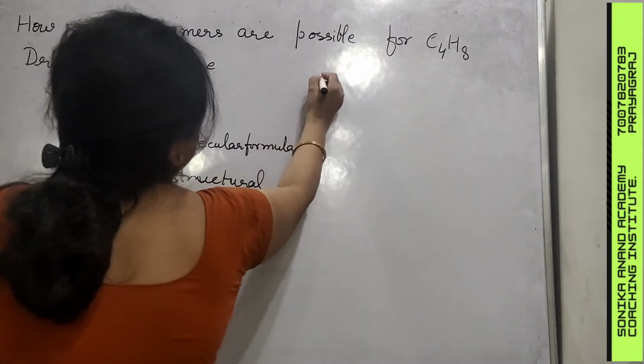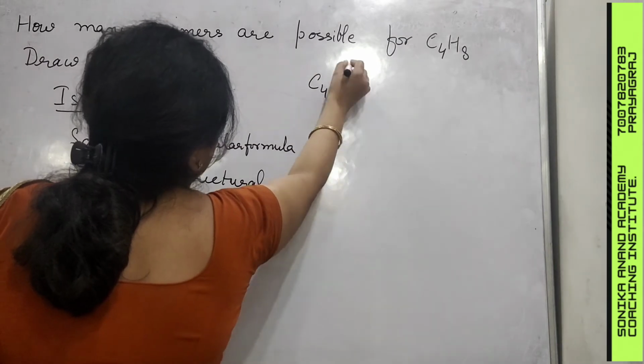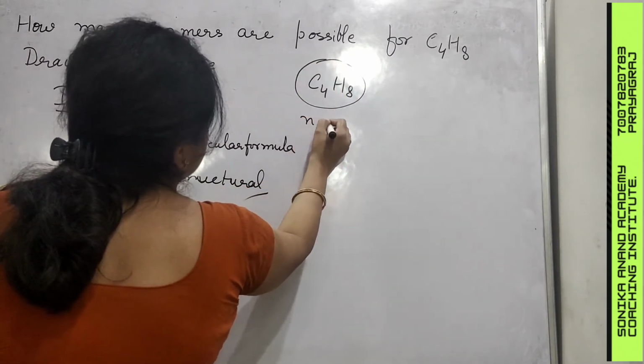When we consider C4H8, we can easily observe that the number of carbon atoms is 4.